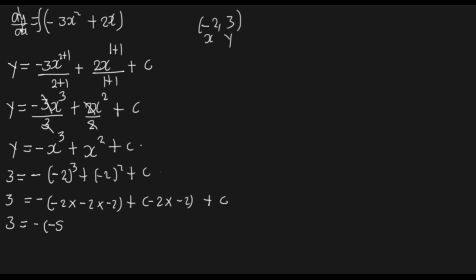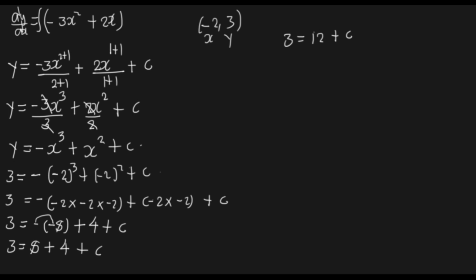Inside we have negative 8 plus negative 2 times negative 2, we get positive 4 plus c. Then we can expand the negative times negative, we get 8 plus 4 plus c. So 3 is equal to 8 plus 4, which is 12, plus c.